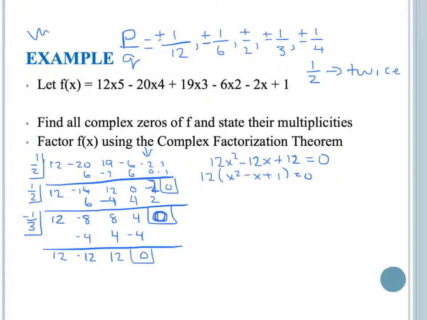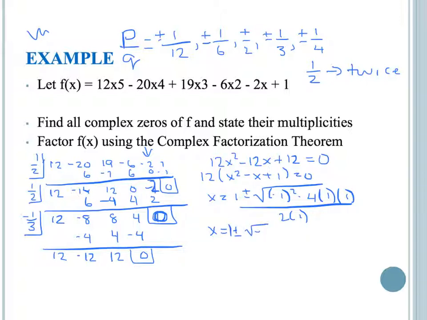And if I use the quadratic formula, I wind up with x equals positive 1 plus or minus the square root of negative 3 all over 2.